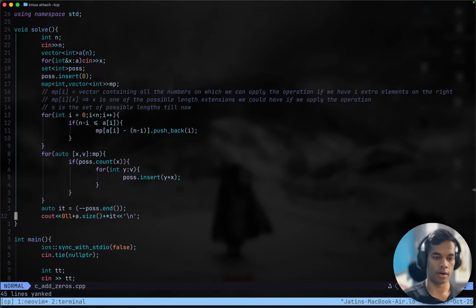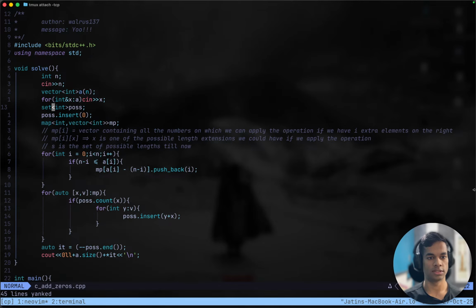Okay, wrong. Well, this should be long. Integer does not matter, this can be integer.